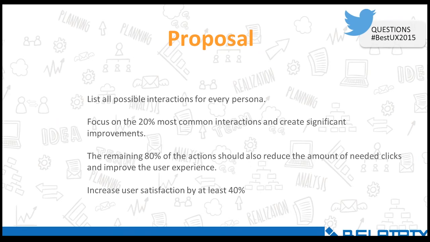But in case of a conflict of interest, we'll go with the 20% most common actions. And finally, we propose to increase user satisfaction by at least 40%. That metric was comparing the initial customer user satisfaction from the surveys and the final user satisfaction from the same users.